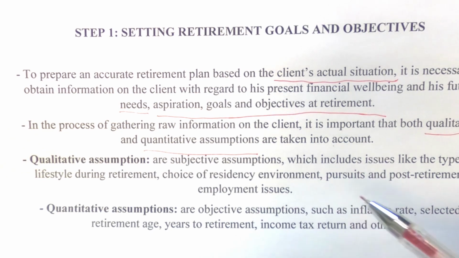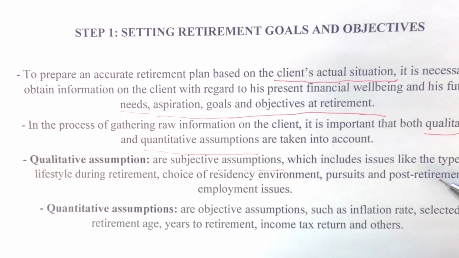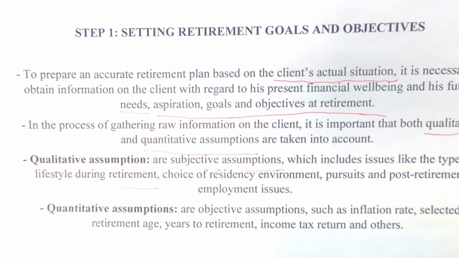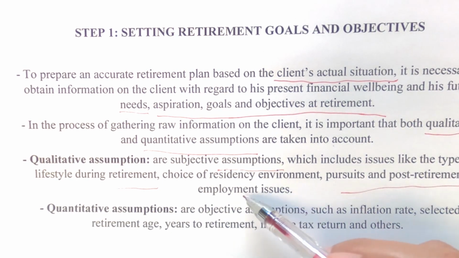Qualitative assumptions include the subjective assumptions, for example the lifestyle during retirement, the choice of residency environment, where the retiree will stay after retirement, pursuits, and post-retirement employment issues.